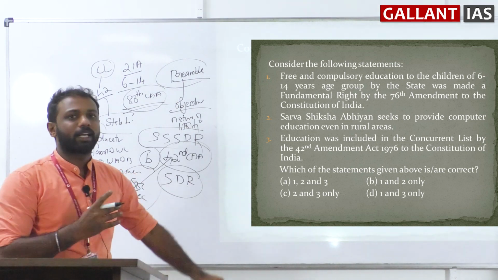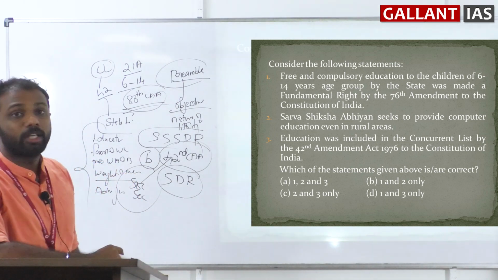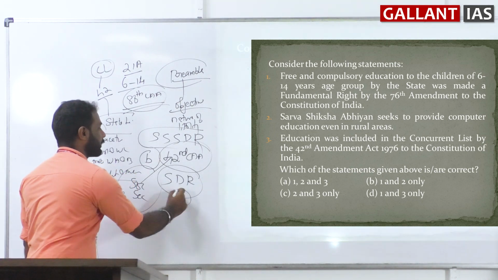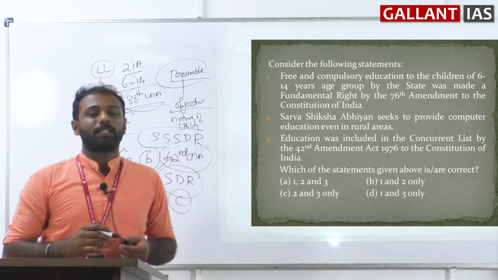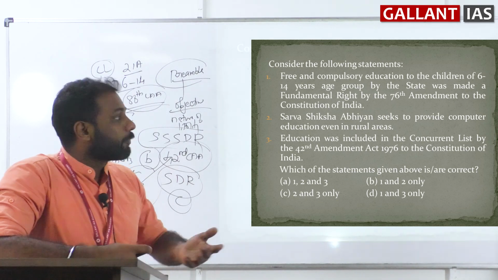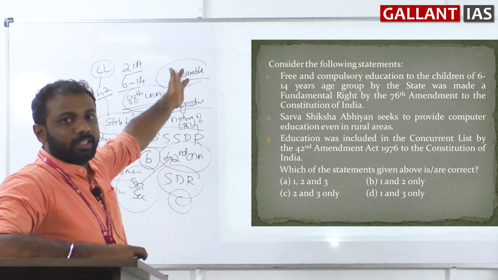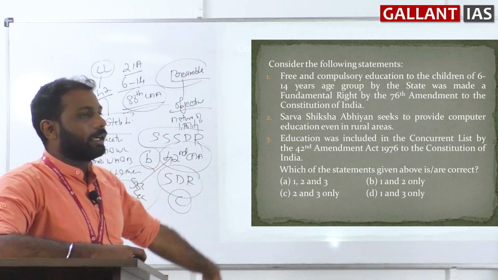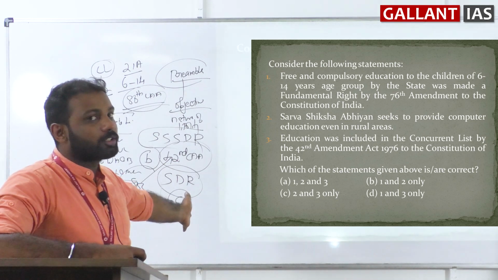So that is also a correct statement. So the answer is option 2 and 3, that is C is the right answer. If you know that the right to education was added by the 86th Amendment Act, you can easily eliminate option 1, and then eliminate A, B and D, and directly check the answer, that is 2 and 3 only.